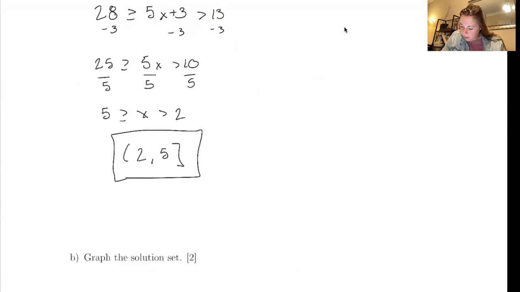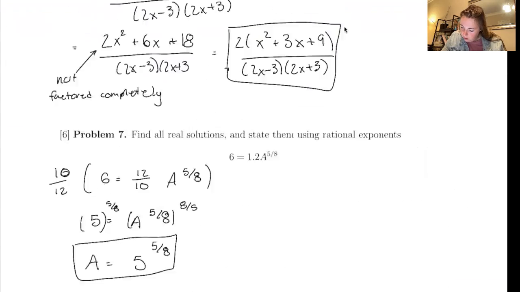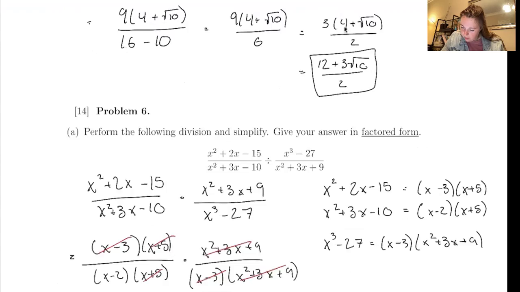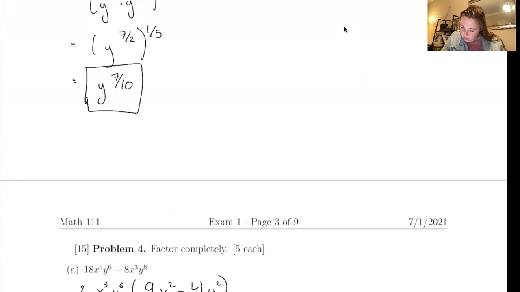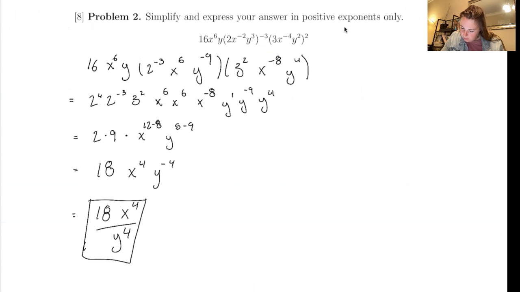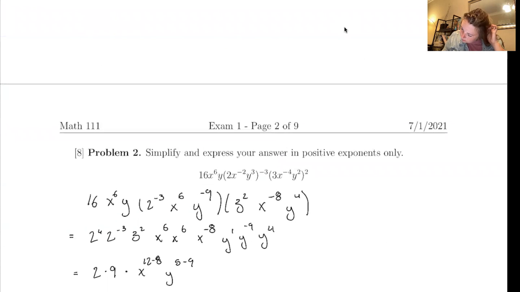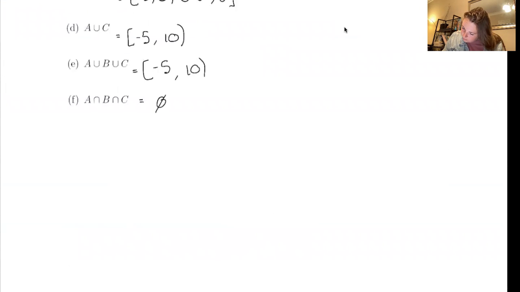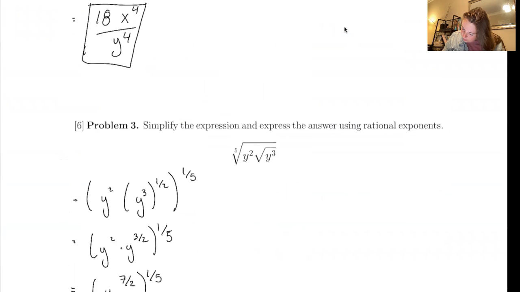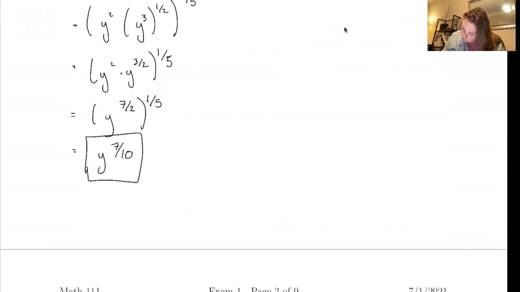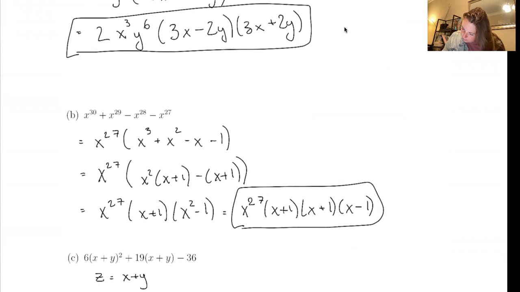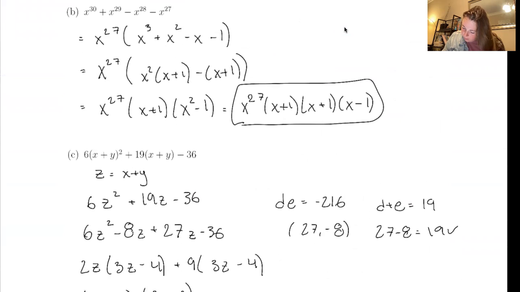So I'm just going to scroll up to problem 2 because I forgot what that factoring is. Problem 2. Oopsie, it's not problem 2. Maybe it's problem 2. Oh, problem 4.